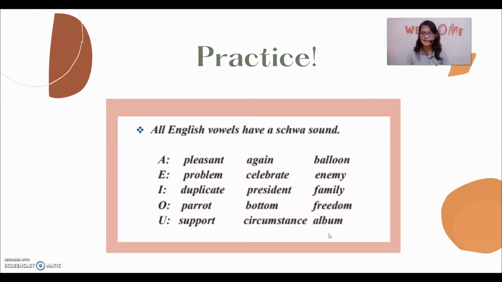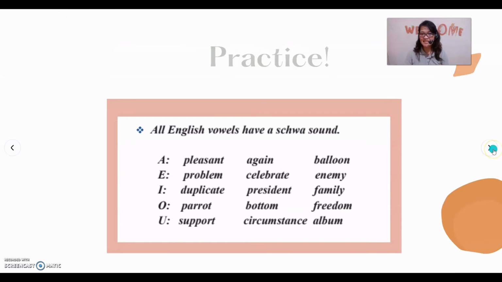Album. So the second one is the unstressed. So see guys, it's really very important for us to be aware of the stressed and unstressed syllables of the word. You will know how important the correct pronunciation is with your spoken English.